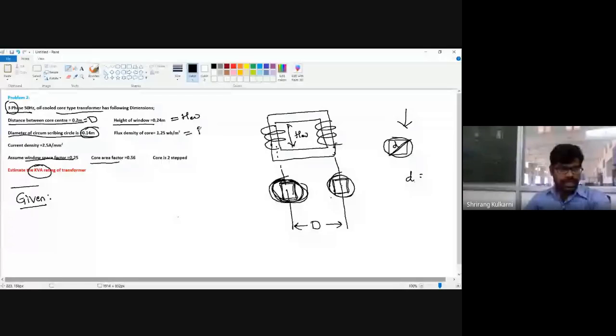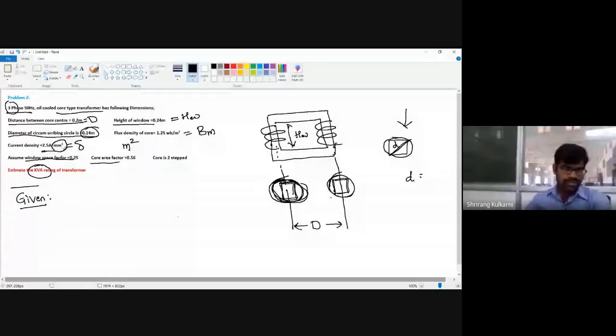Then the current density is delta, which is 2.5 ampere per millimeter square. But while substituting in the problem, we have to convert the data like this.